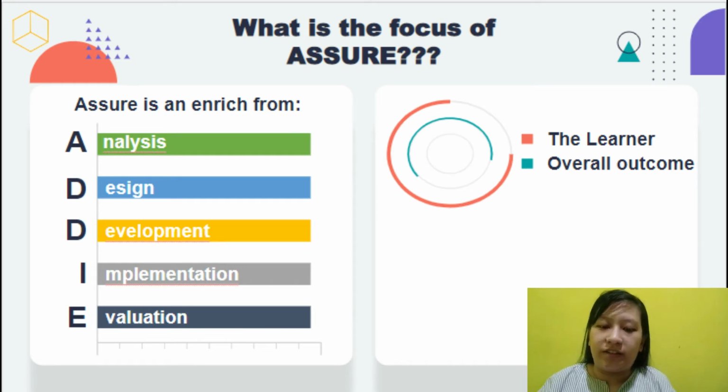Second, design. Design is a systematic process of specifying learning objectives. Design includes naming the learning units of instruction, identifying content and strategy, writing instructions for the learning unit, and others. Third, development.